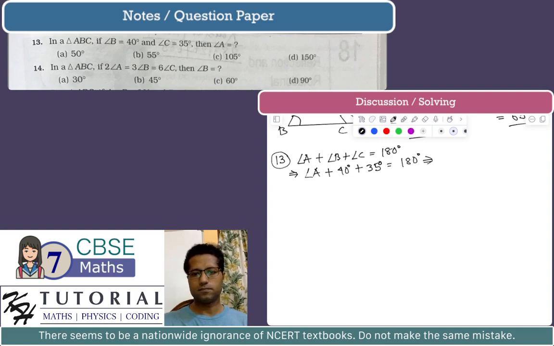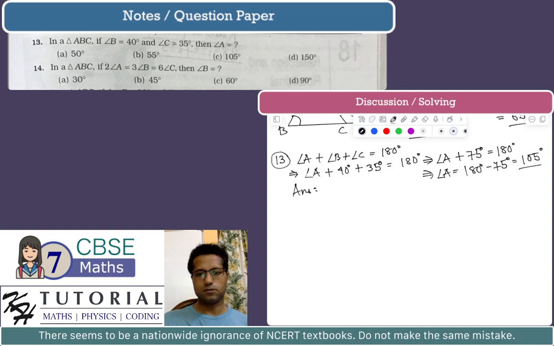This implies angle A plus 75 degree is equal to 180 degree. So angle A is equal to 180 degree minus 75 degree, which is equal to 105 degree. So the correct answer is choice C.